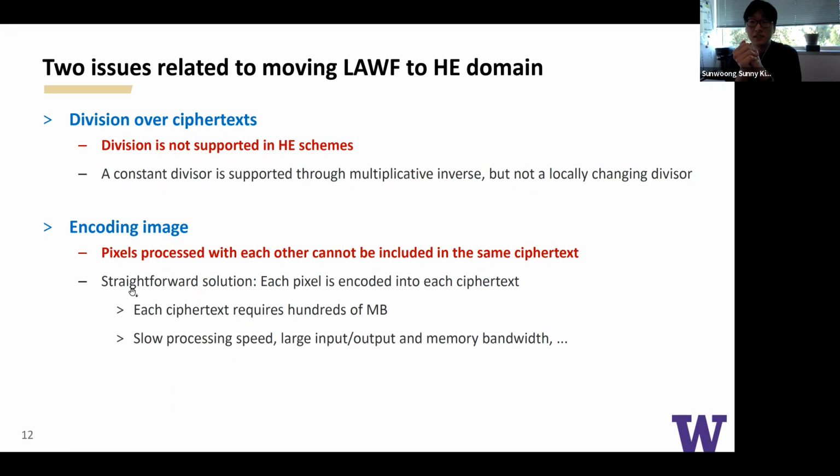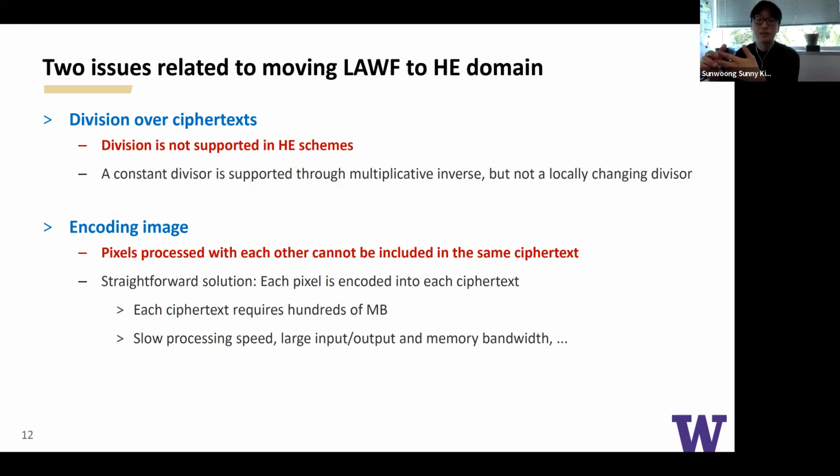The second issue is that pixels processed with each other in a window cannot be included in the same ciphertext. It is because we cannot perform homomorphic operation within a ciphertext. And the straightforward solution to this issue is to encode each pixel in a separate ciphertext.